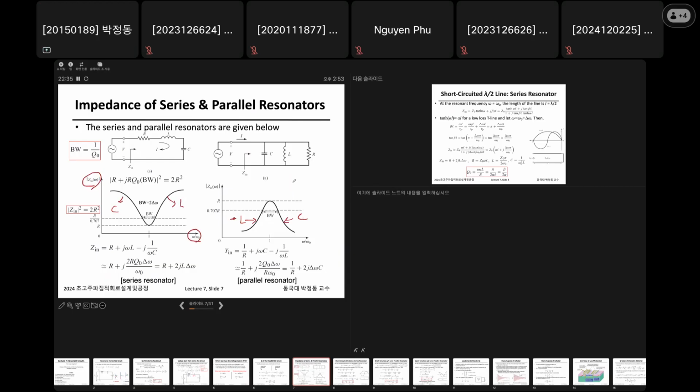You notice that the bandwidth is just 1 over Q. So here you can just prove it with this.